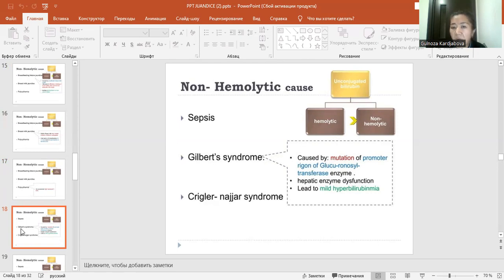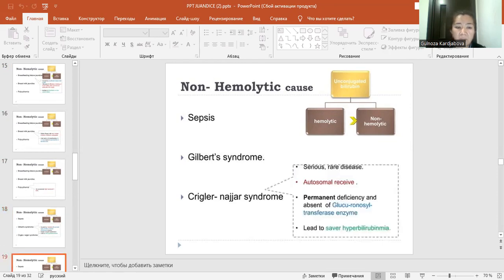Gilbert syndrome is caused by a mutation of the promoter region of the glucuronosyltransferase enzyme, causing hepatic enzyme dysfunction, and leads to mild hyperbilirubinemia. Gilbert syndrome is not serious. It will appear in individuals even in the teenage period or adolescence.